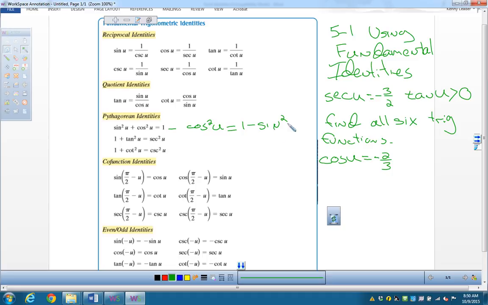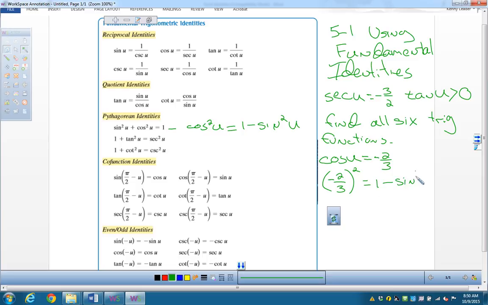So I could plug in cosine here and solve this for sine, or I could solve it for sine and plug it in. Either way, so I'm going to go negative 2/3, square it, equals 1 minus sine squared u.